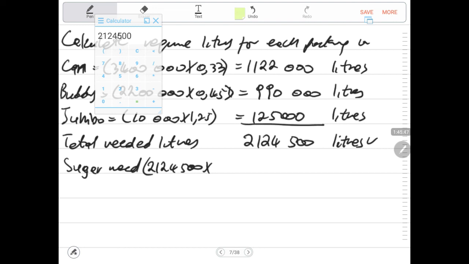The kgs of sugar required for each liter is 0.2 kgs. 0.2 kgs of sugar that are needed, times by 0.2 every liter, meaning 424,900 kgs is what we need. So now this is the annual demand in kgs of sugar.